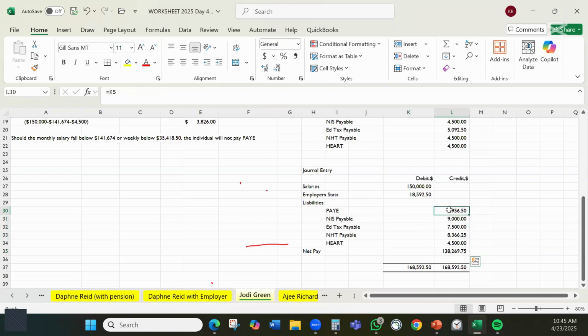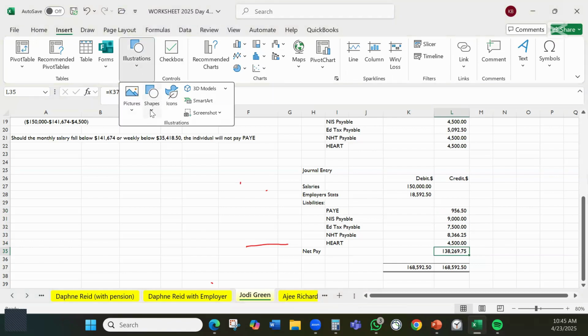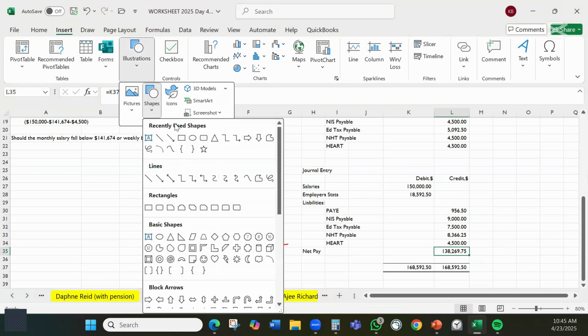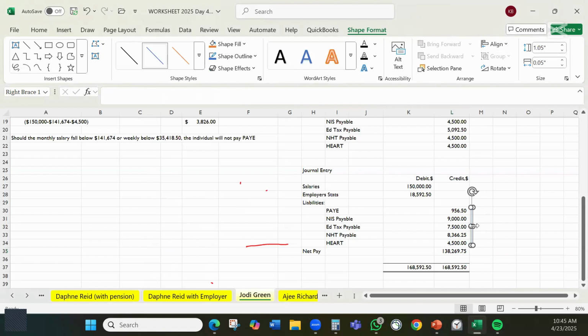All of these, PAYE, NIS, HEART, these are payable to the government, and this would be payable to the employee. So let me do things like that. Shapes. So everything here, so here, so.